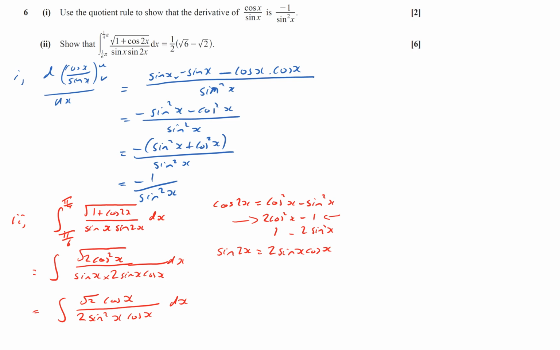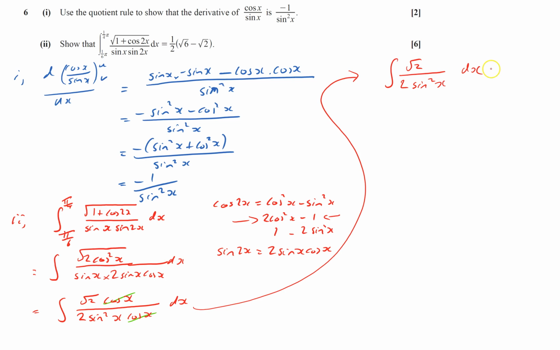And that's looking quite nice now, because obviously the cos x's will cancel out, and it is something to do with this. So I'm just going to bring it all up to here to carry on working. So it's root 2 over 2 sine squared x dx.